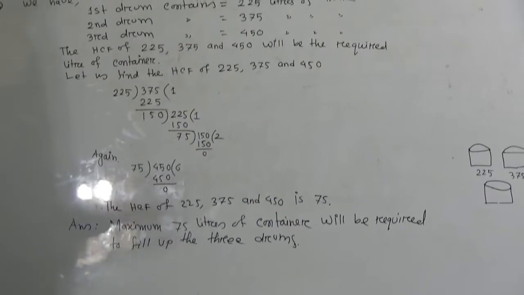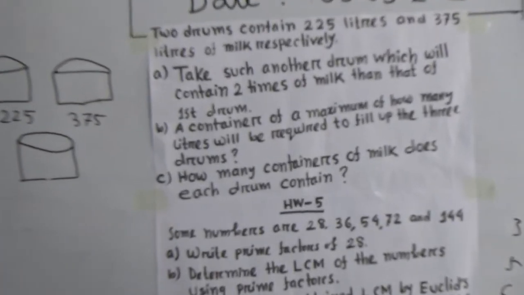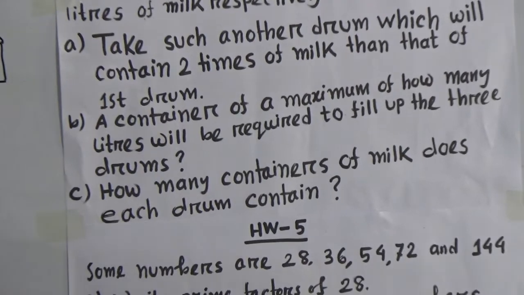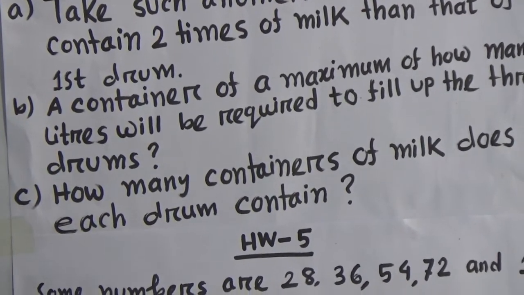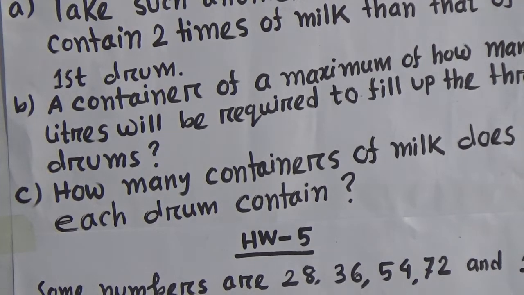Now I will solve question number C. Okay, again see the question. C number. How many containers of milk does each drum contain? Student, you have to find out how many containers.